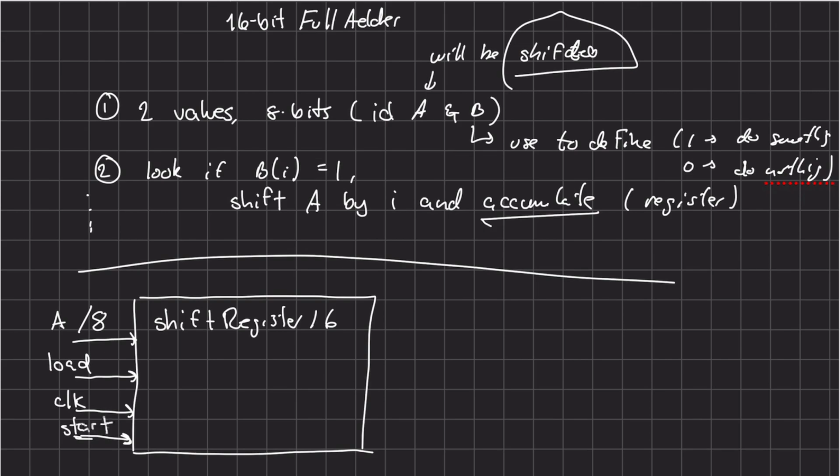What will happen is if start is 0, nothing really happens, and load also needs to be 0. The shift register does nothing, even if the clock oscillates. The shift register will output a value just on 16 bits.